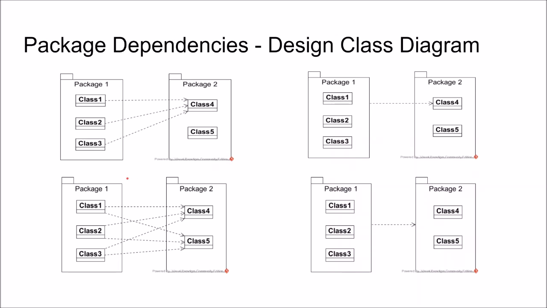We can also note that if all classes in package 1 depend on all classes in package 2, we can say that package 1 fully depends on package 2. This notation is not interpreted as this in all cases. So when you use this type of notation, you need to make sure that everyone interprets this correctly. In this course, these are the rules that we will use.